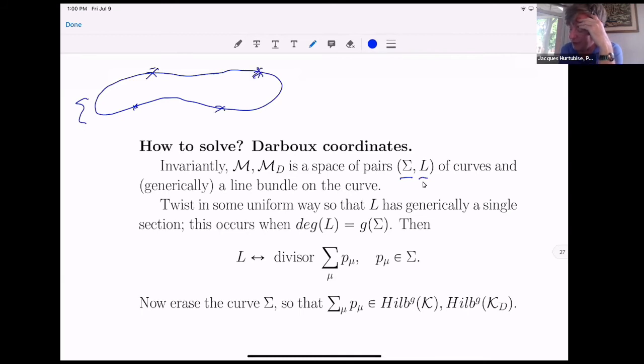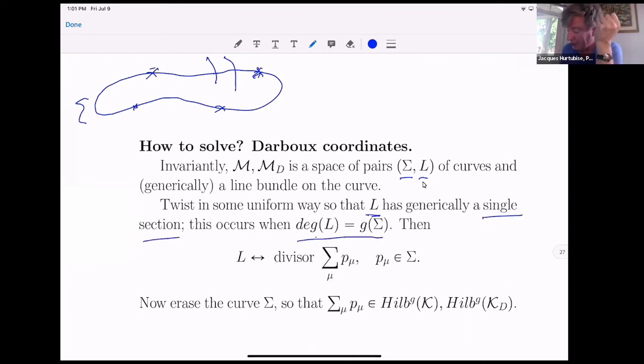Now, that, of course, isn't unique. And so what I'm going to do is build in some uniform twist. So I'm going to take just a little curve here, a segment of curve, intersecting the spectral curves with an appropriate multiplicity, and taking the twist of L by this divisor, so that the resulting bundle, which I'm again calling L, has generically a single section.